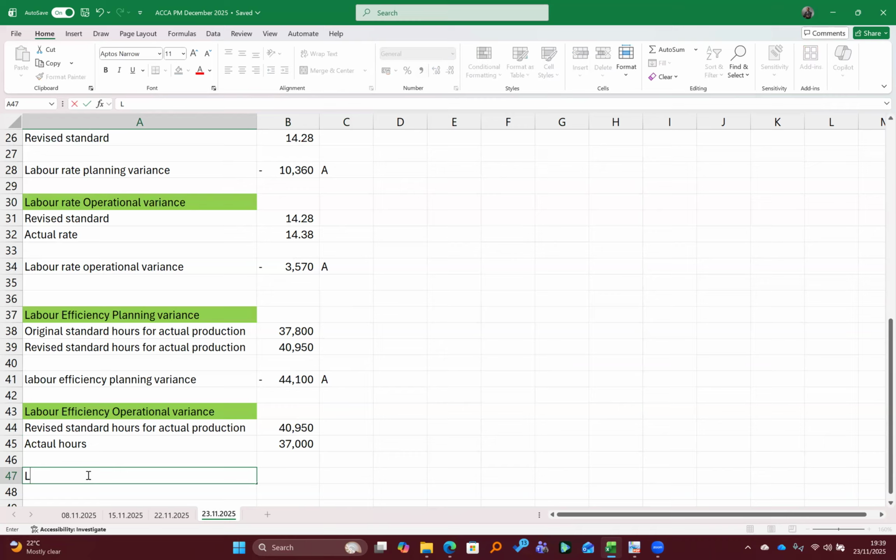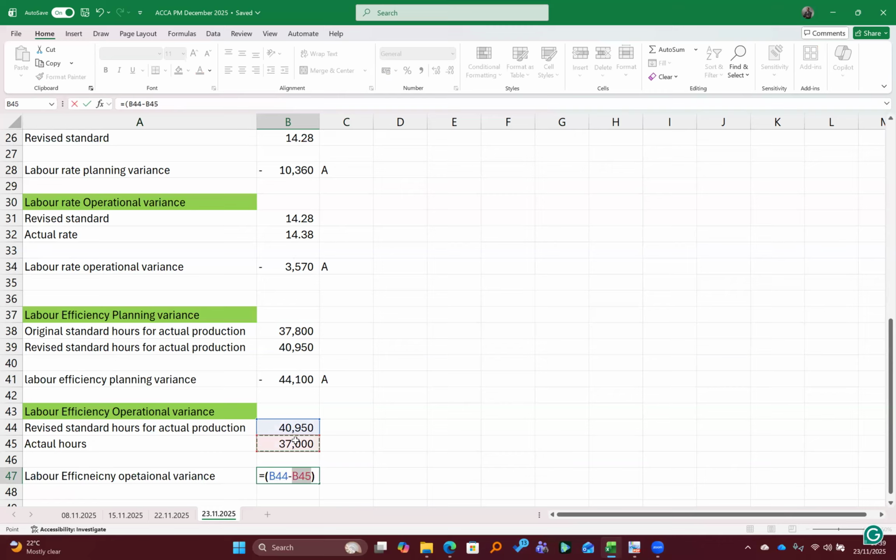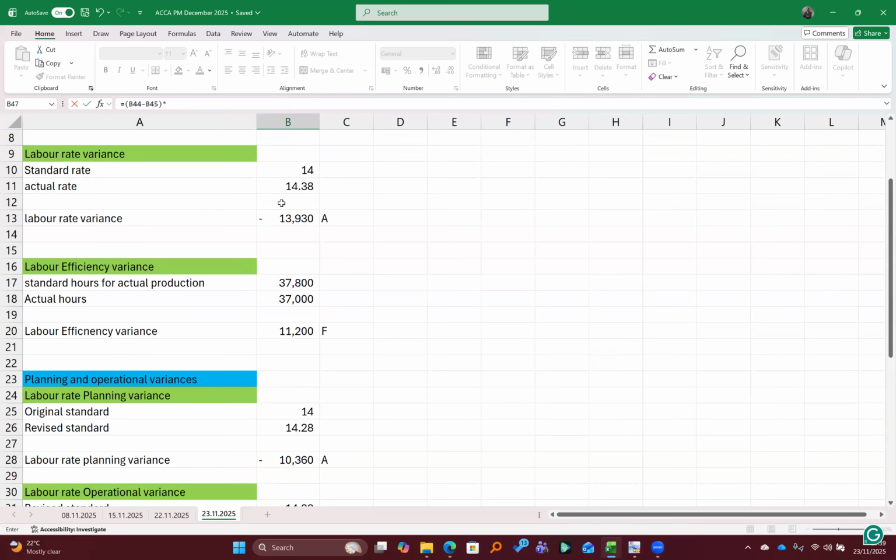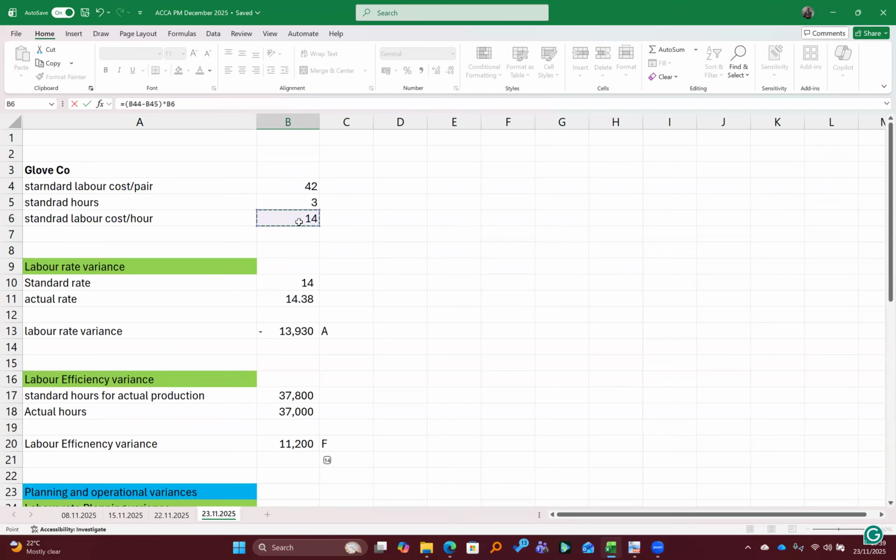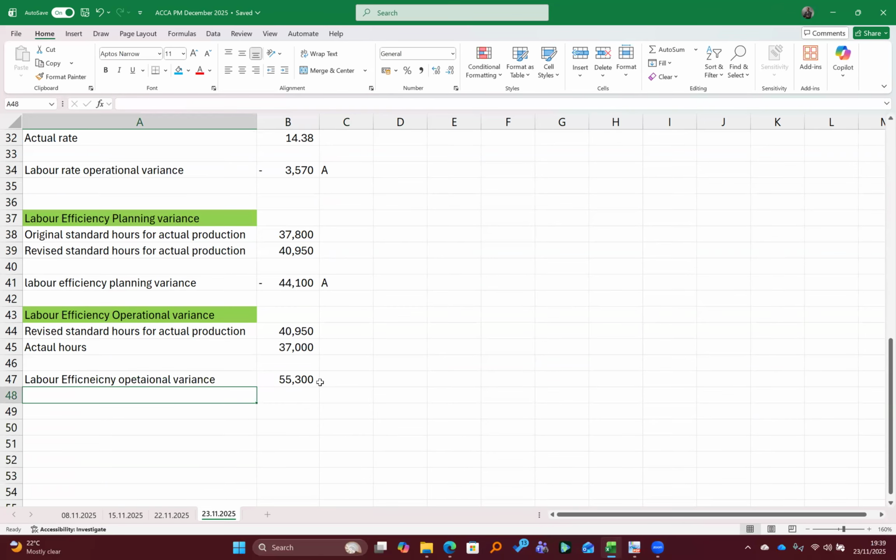And then we can have the labor efficiency operational variance being the difference between this and that, again multiplied by the 14, the standard rate. Which is again 55,300, and it's favorable because we used less hours.